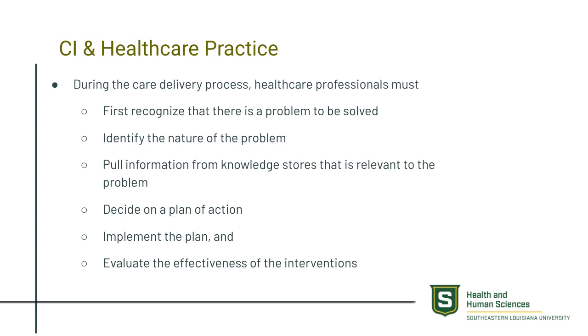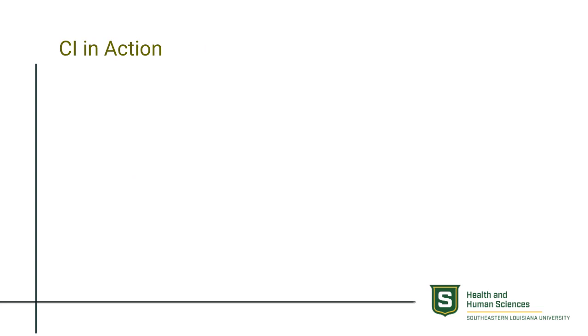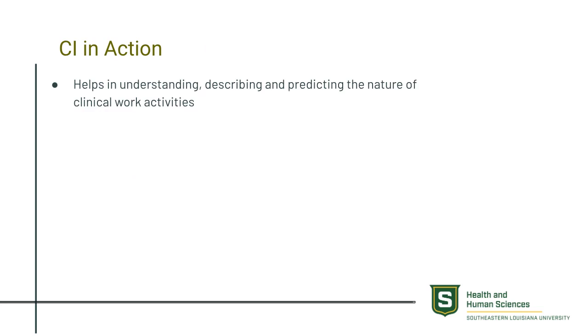As you can imagine, there's a lot of knowledge generation, knowledge retrieval, knowledge dissemination, and knowledge acquisition happening in the example I've just shown you. So how does cognitive informatics work in action? It helps in understanding, describing, and predicting the nature of clinical work activities.